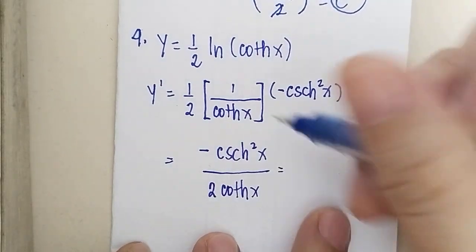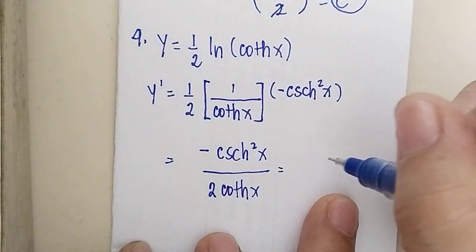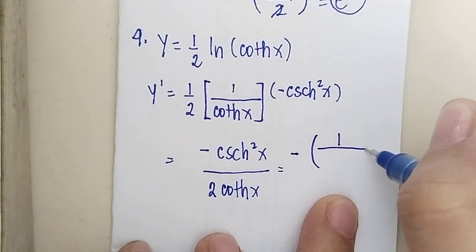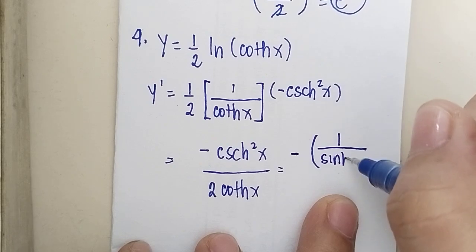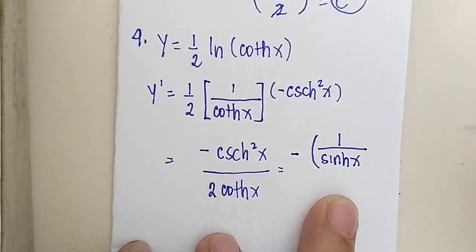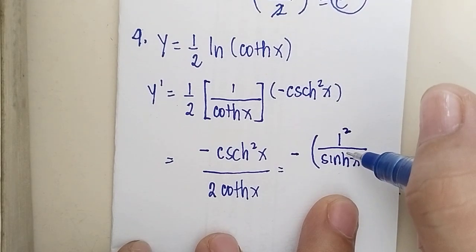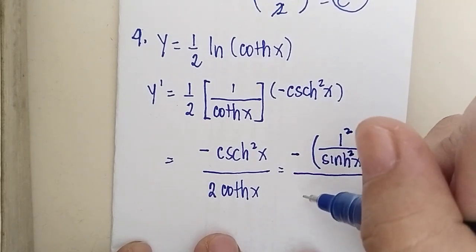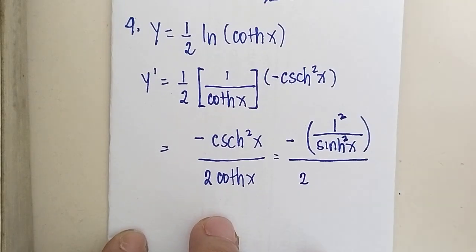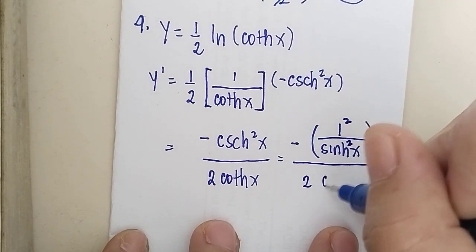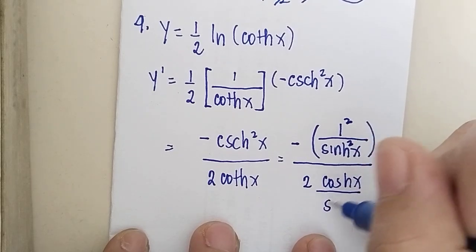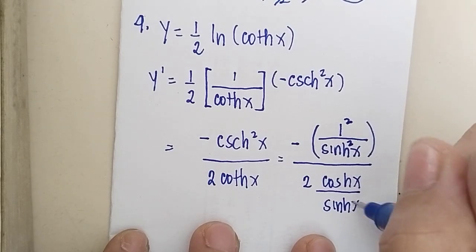The hyperbolic cosecant is equal to 1 over hyperbolic sine of x, squared, with the negative outside, all over hyperbolic cotangent, which, if we recall, is hyperbolic cosine of x all over hyperbolic sine of x.